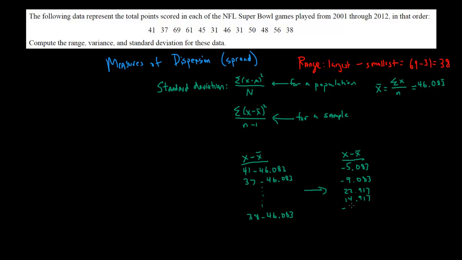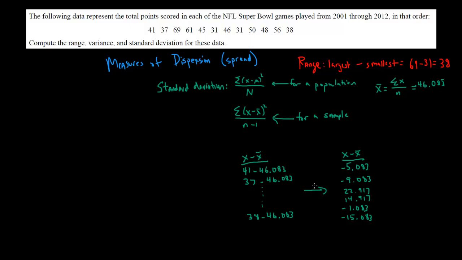That is negative 1.083. Okay, and then we have 31 minus 46.083. That is negative 15.083. Okay, that was the 31.